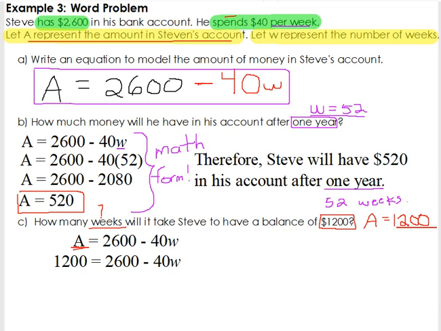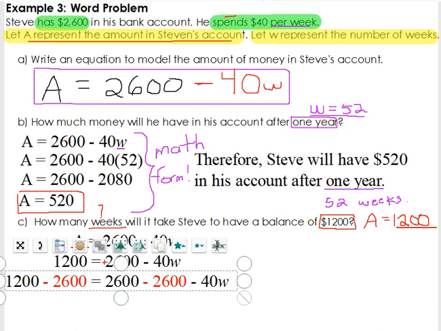This is where two-step equations lend themselves really nicely. We want to isolate and solve for W. So in order to do that, we're going to have to get rid of this 2600. It's a positive 2600. So to get rid of the positive 2600, we're going to subtract 2600 from both sides.